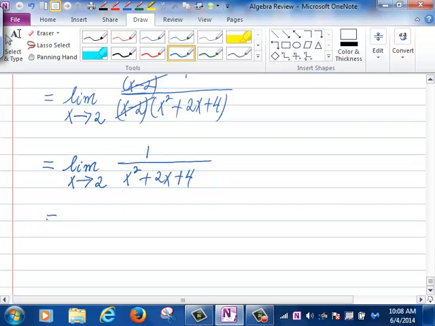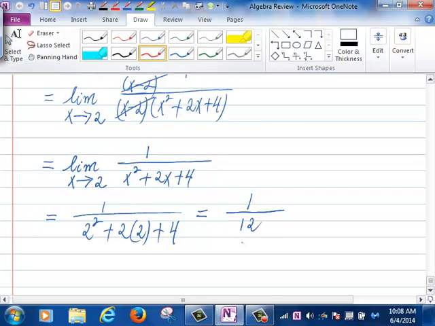Now I'm going to plug in 2, because when I plug in 2, I don't get 0. So I get 2 squared plus 2 times 2 plus 4. And this is 1 over what? 12. Okay, so that's the final answer.